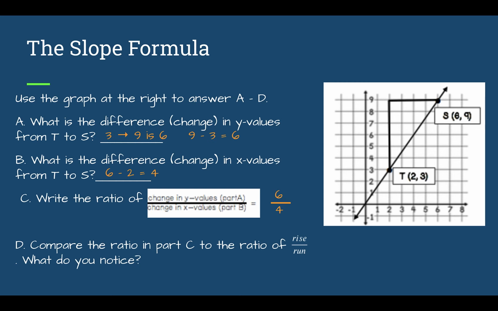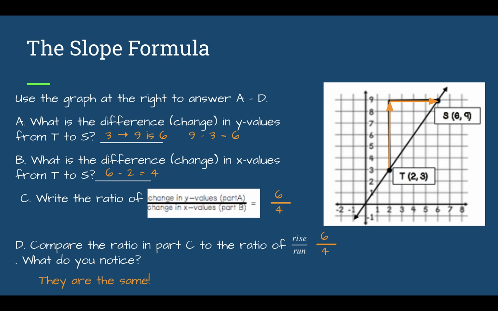Rise over run means how much does it go up by how much does it go over. If we count 1, 2, 3, 4, 5, 6, it went up 6 spaces, and it went over 1, 2, 3, 4. So the rise was 6, the run was 4. Notice they are the same thing.